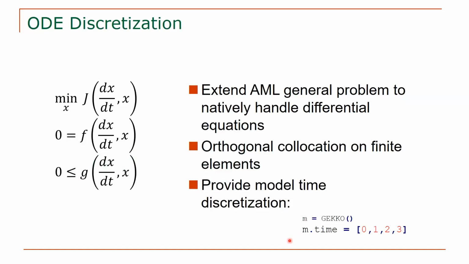GEKKO will do automatic orthogonal collocation on finite elements. If you need PDEs, then you do still have to do your own manual discretization in space. And providing that discretization is just right here, giving time discretization, and those are the bounds on your finite elements. And you can set the number of nodes inside in a separate option.